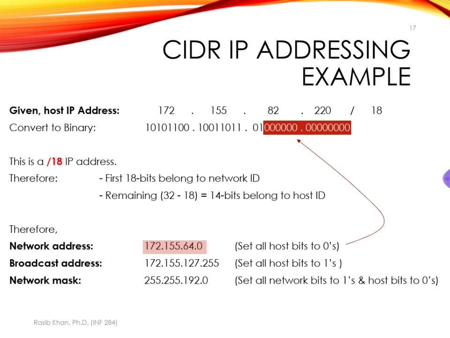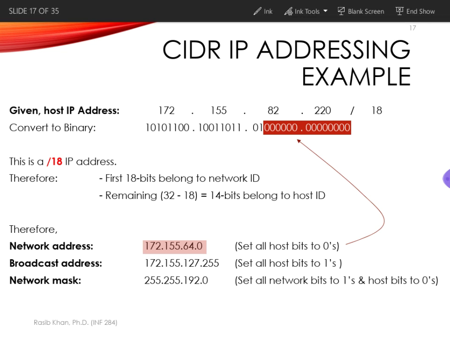That would mean the last 14 bits are set to zeros, and we calculate each of these 8 bits separately to get the network address, right? Which comes down to 172.155.64.0.